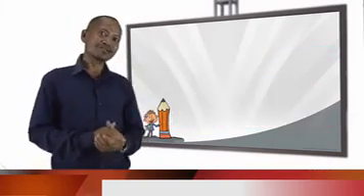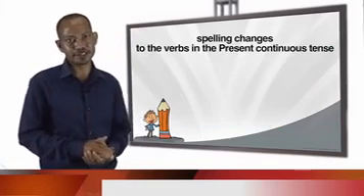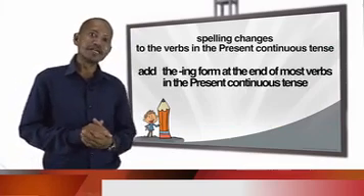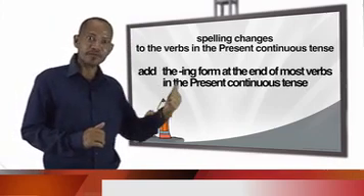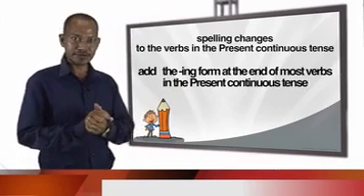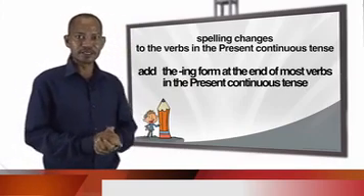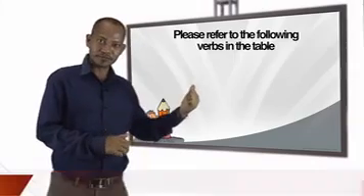Now let's look at some spelling changes we need to make to the verb in the present continuous tense. In general, we basically just need to put the ing form at the end of all verbs when using the present continuous tense. Please refer to some of the verbs in the table.